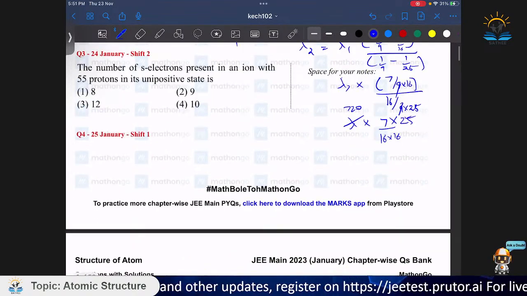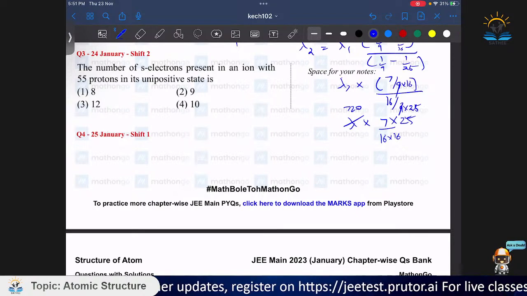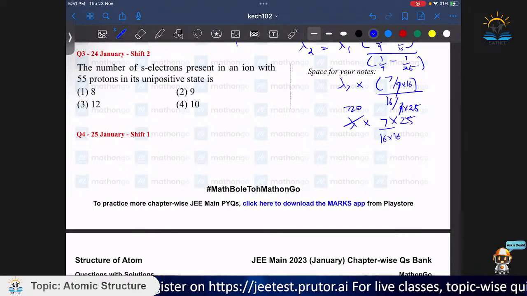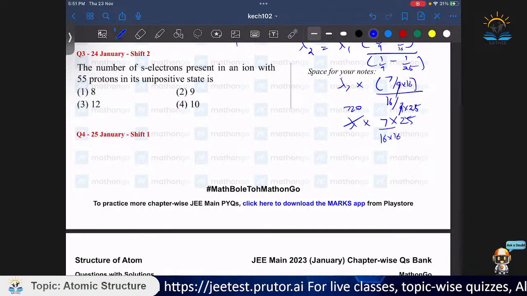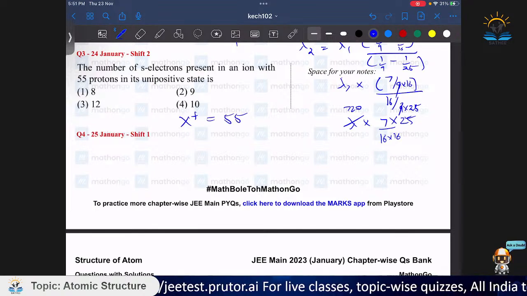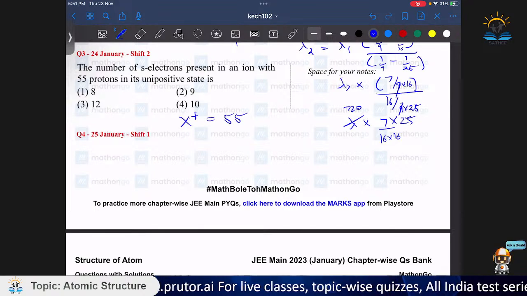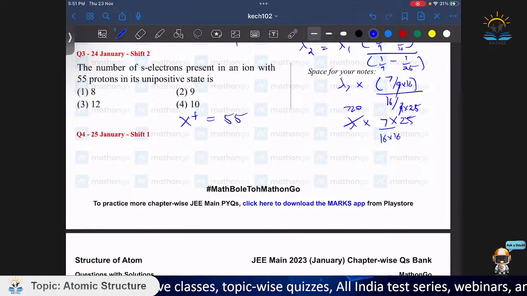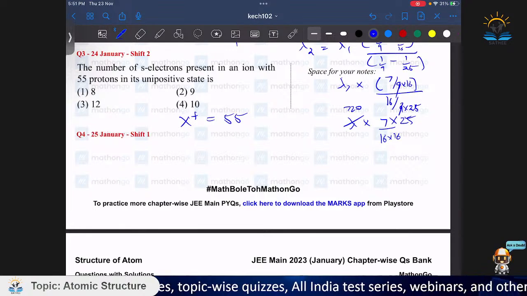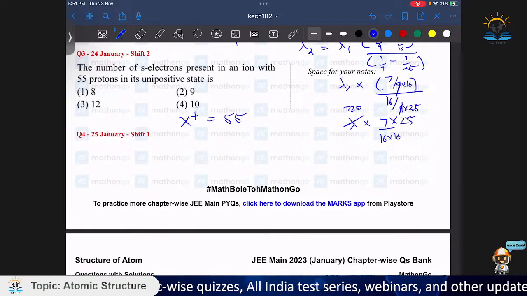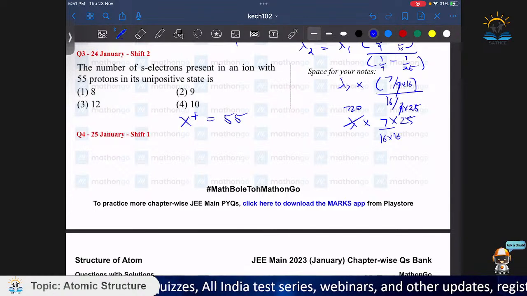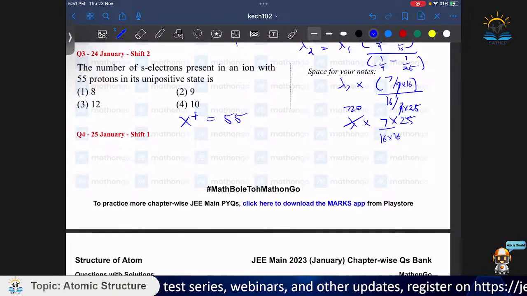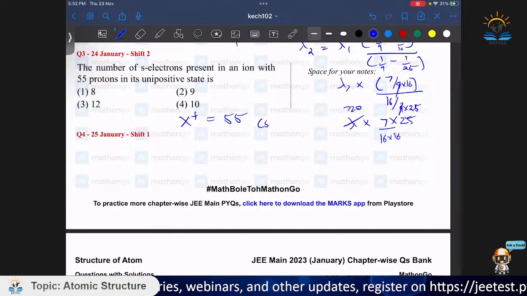The number of s electrons present in an ion with 55 protons in its unipositive state. Okay, s electrons they are asking. 55 protons in unipositive, so X plus is equal to 55 protons. So we can directly find the Z of the ion. 55 is cesium.